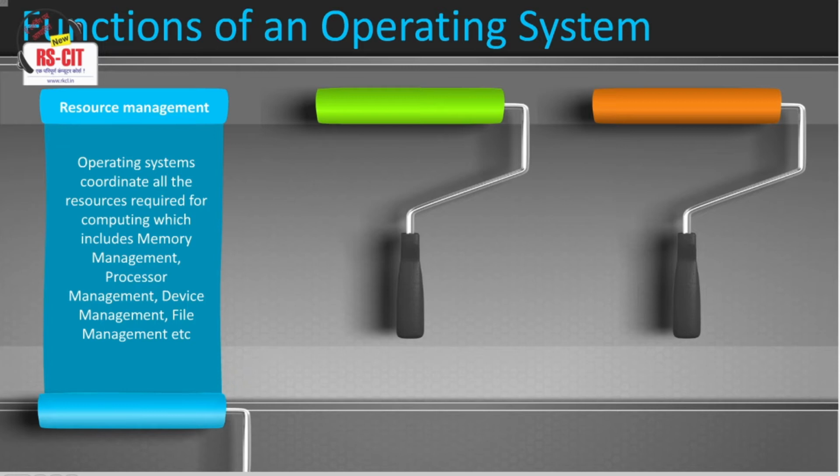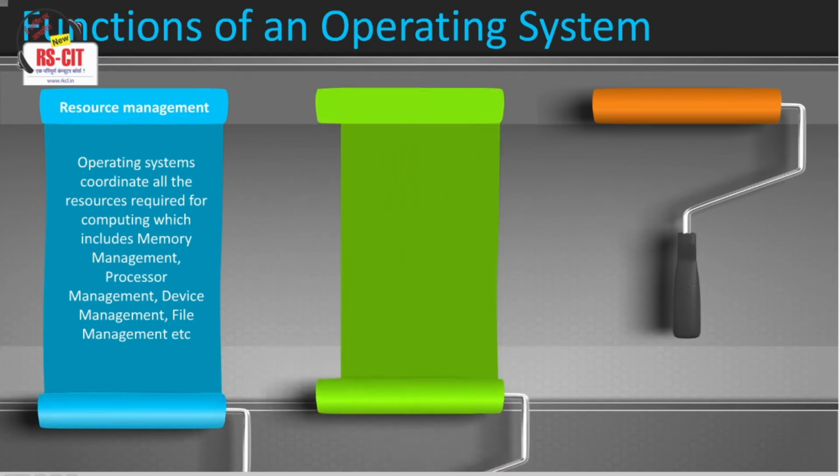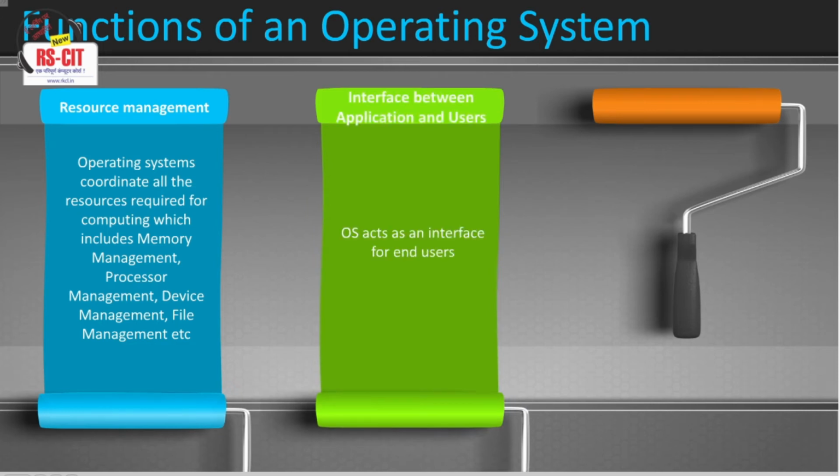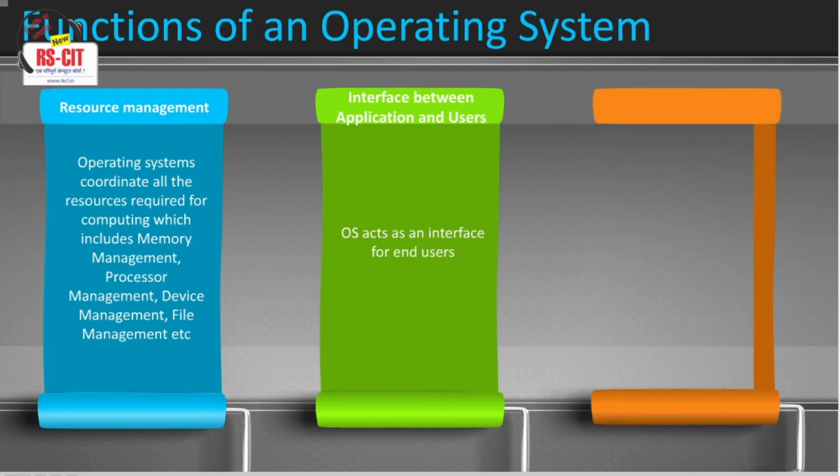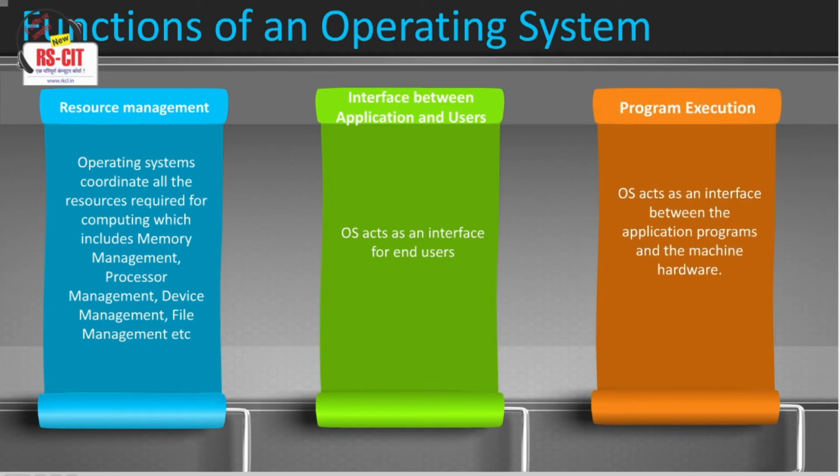It improves overall system reliability: error confinement, fault tolerance, reconfiguration. Interface between application and users: OS acts as an interface for end users. Program execution: OS acts as an interface between the application programs and the machine hardware.